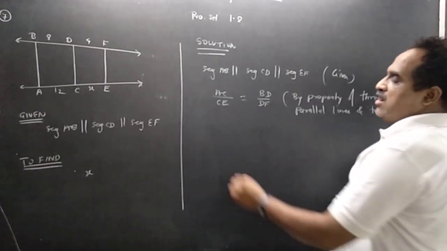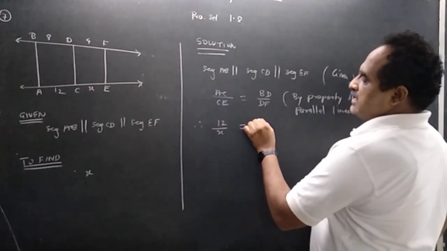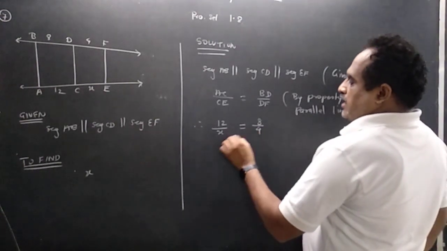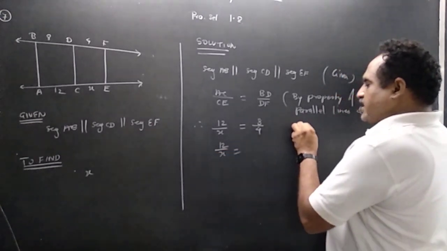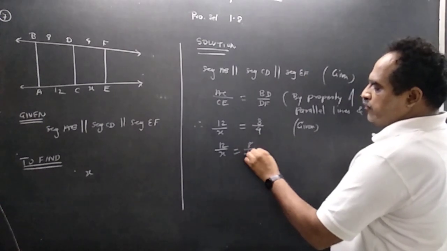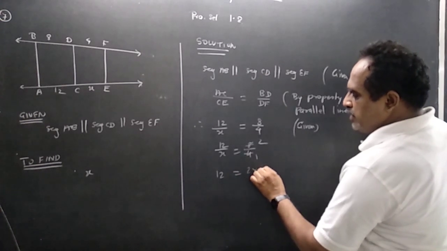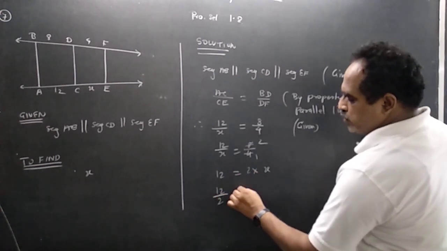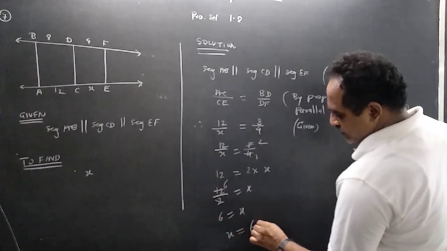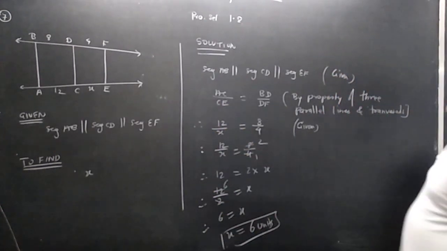So the value of AC is 12 upon x, and 8 upon 4. This is given in the figure, right? So 8 upon 4, 4 ones are 4, 4 twos are 8. So 12 is equal to 2 into x, or 12 upon 2 is equal to x. So ultimately 6 is equal to x, or x is equal to 6 units. Just complete this question.